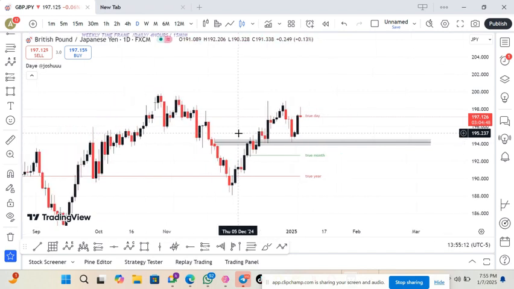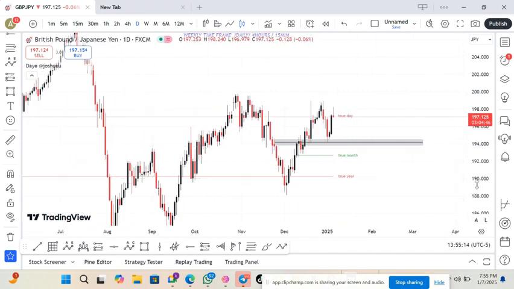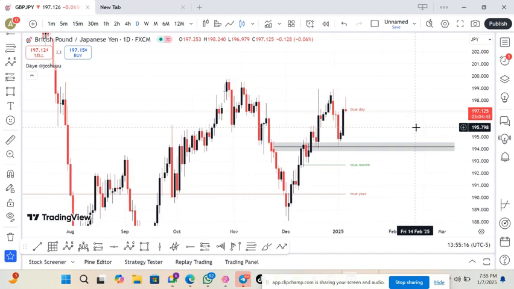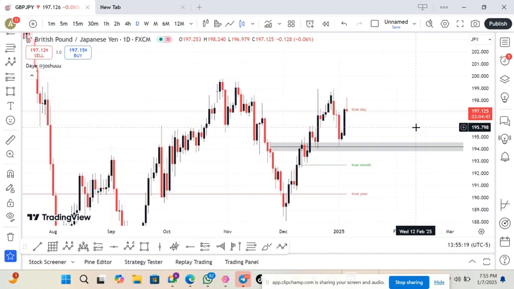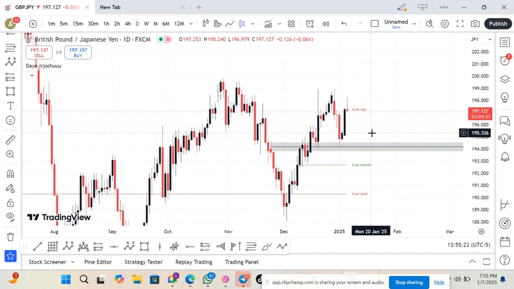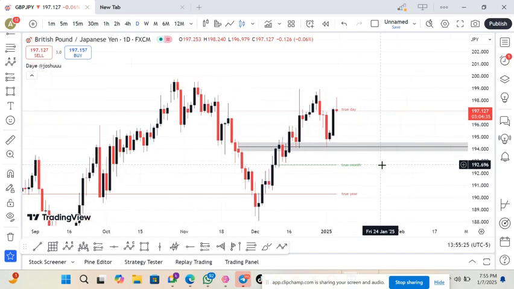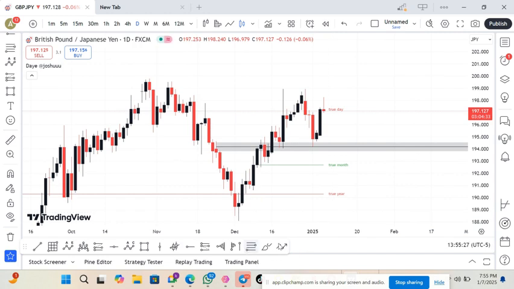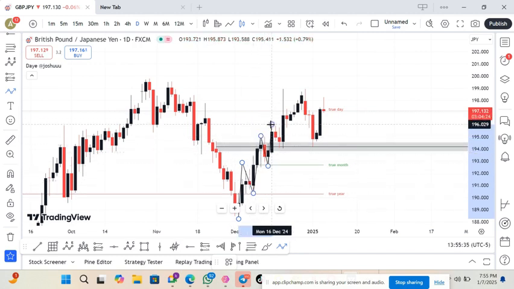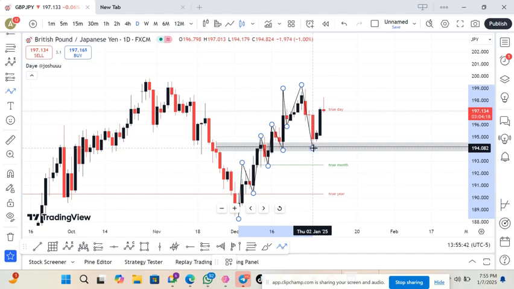Remember, time frame alignment is one of the key factors that you have to consider. So now let's look at daily. I take my part two.